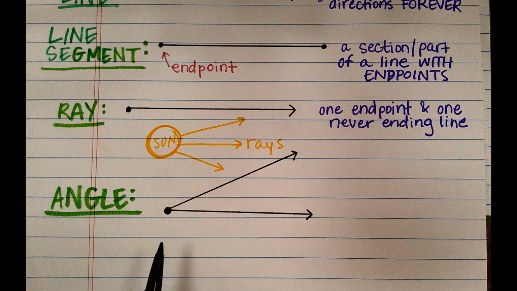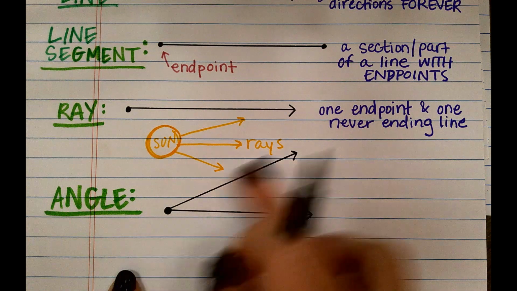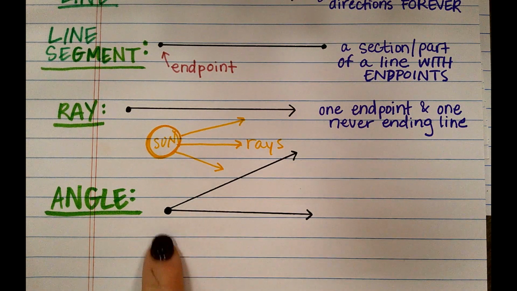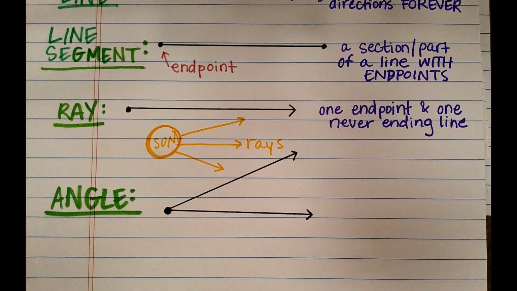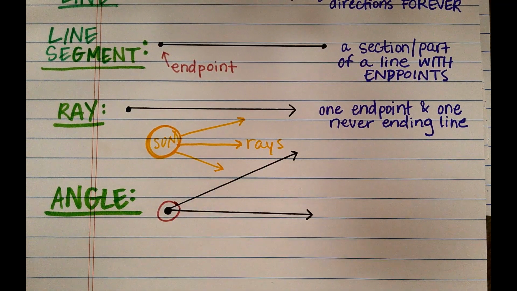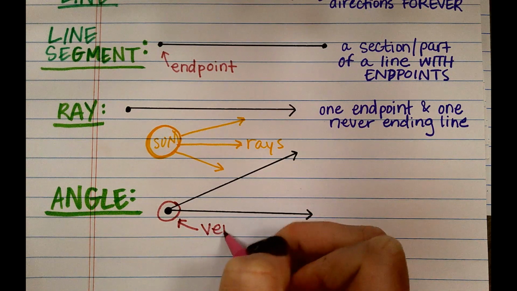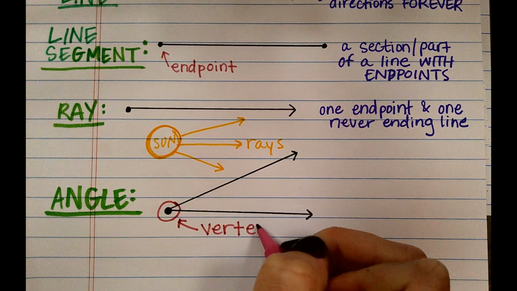Vertex. A vertex. And it's easy to remember because it makes a V, vertex. So that end point is no longer an end point. When it is part of an angle, I'm going to circle that, and now it is the vertex, V-E-R-T-E-X.